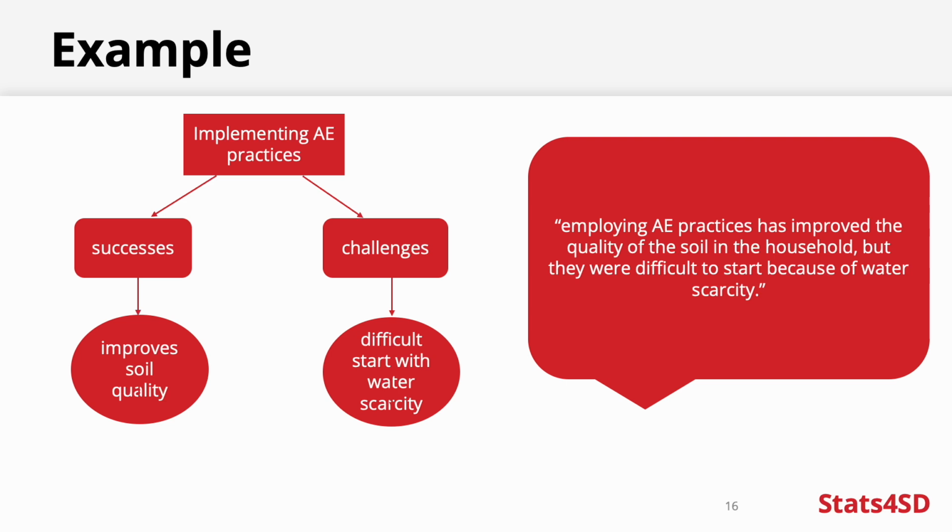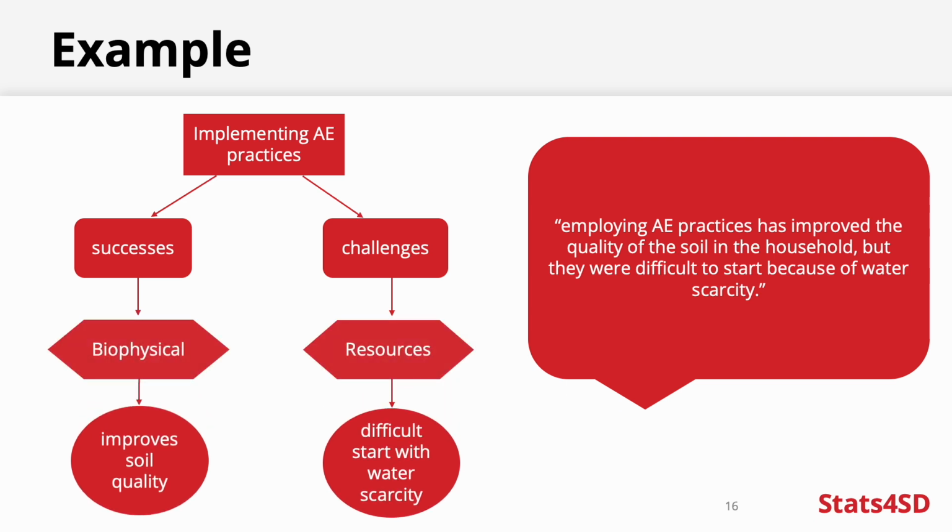Upon reviewing the structural organization of the themes and categories, though, we may find that we need to add another layer of categories where soil quality falls under the broader category of biophysical and difficult start with water scarcity under that of resources.